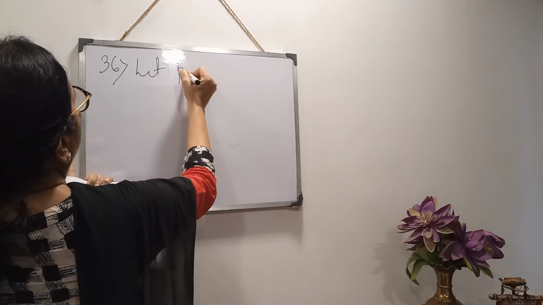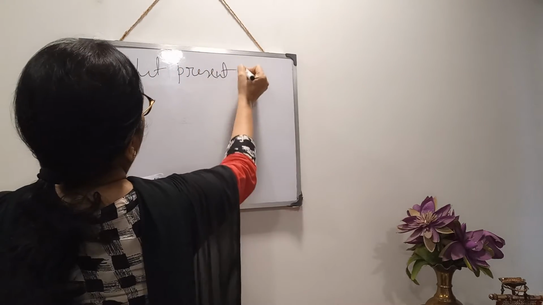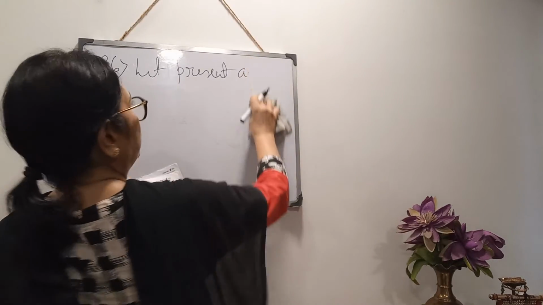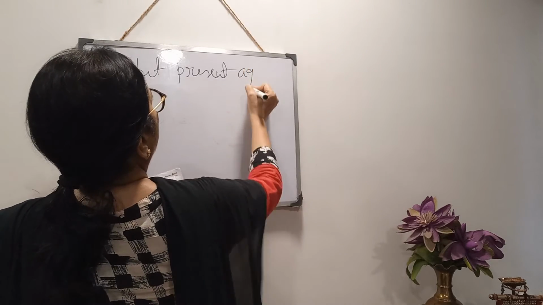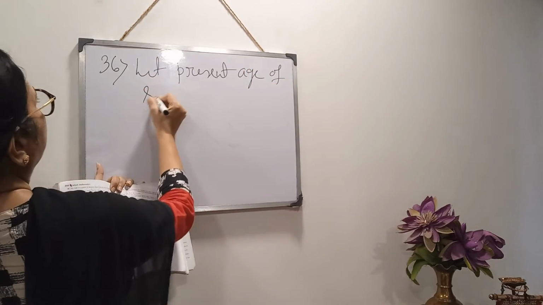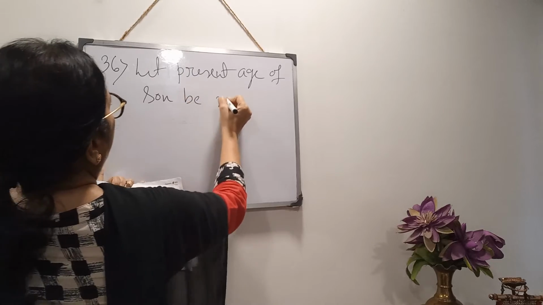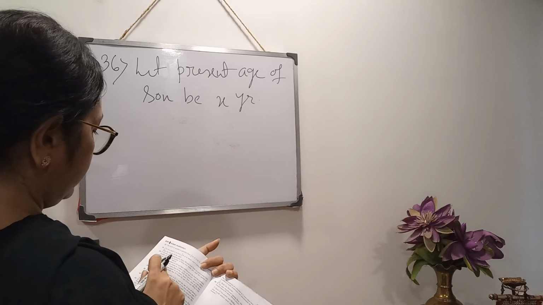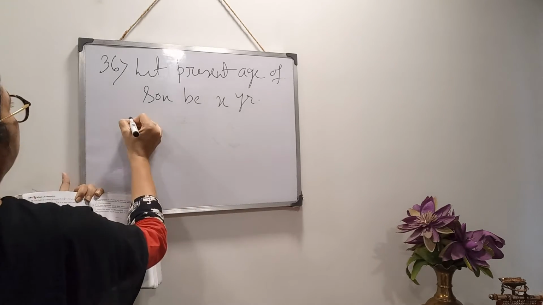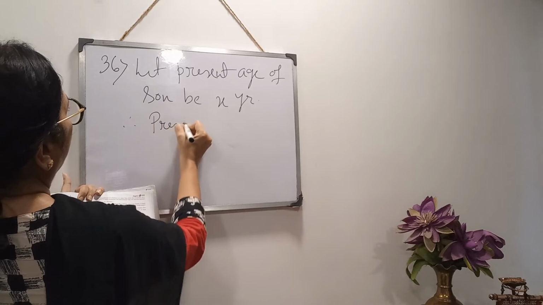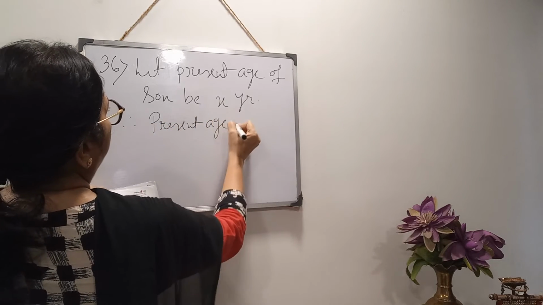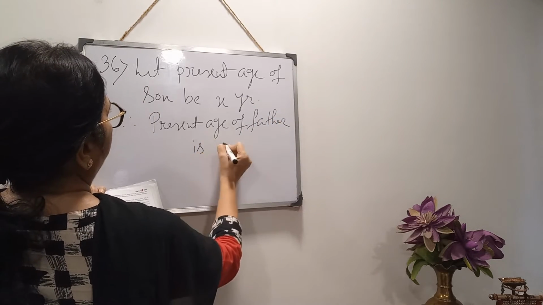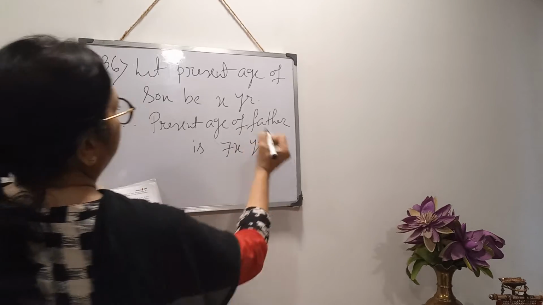Let present age of son be X years. So what will be the present age of father? Present age of father is 7 times. Therefore, present age of father is 7 times means 7x years.